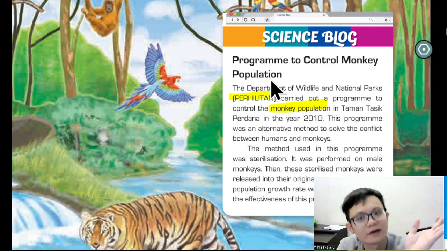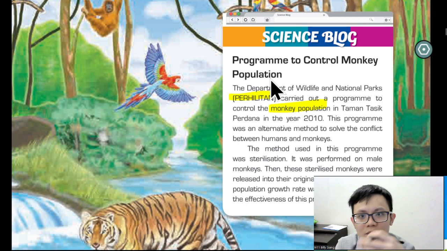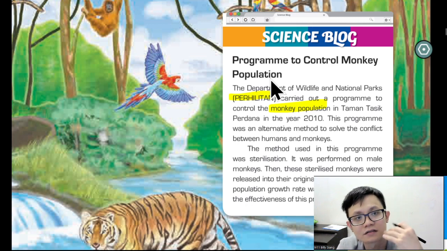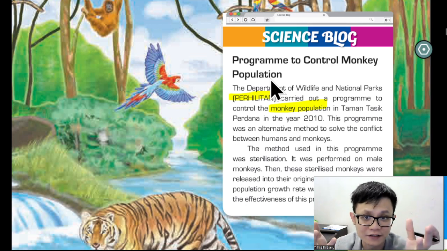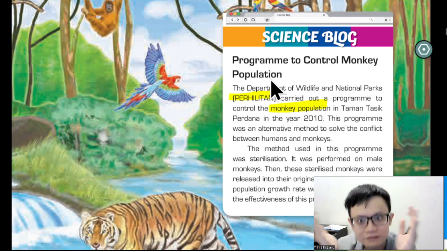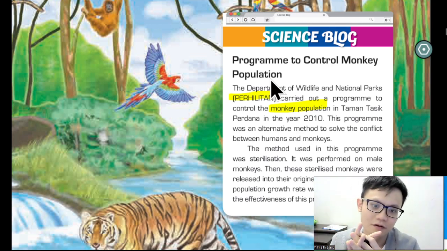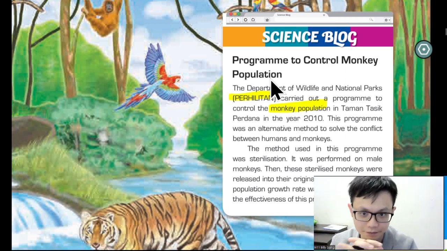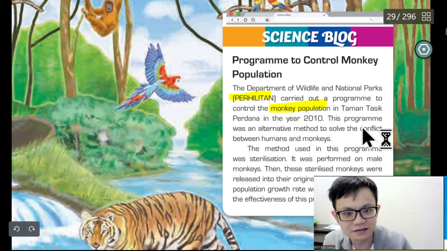Too many people in KL is also a problem. It will cause social problems, not enough resources, and traffic jams. Too many of something is not good. But this one is too many monkeys, and of course there's a conflict, which means it's not good.